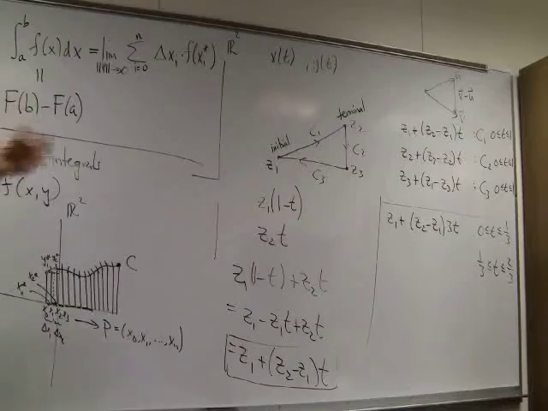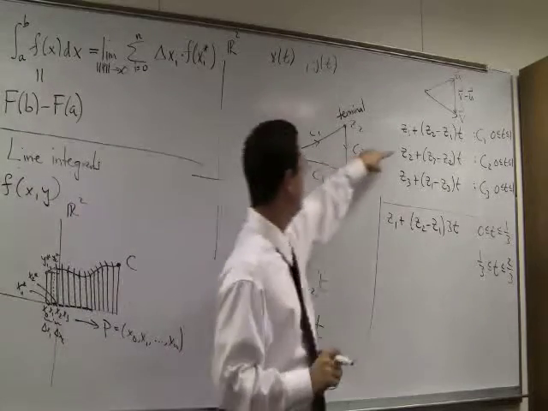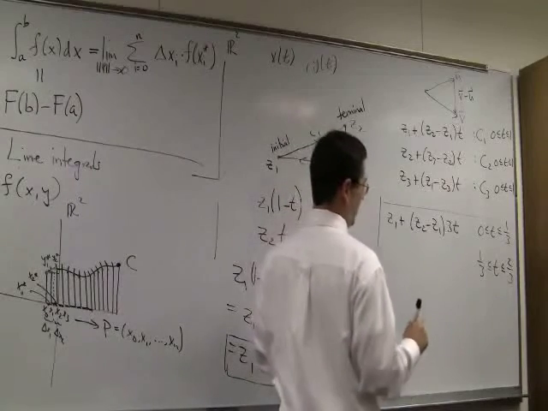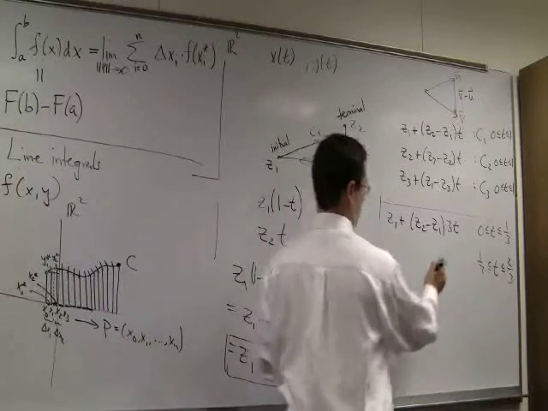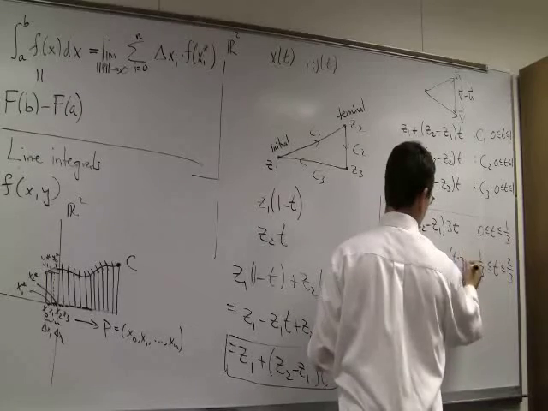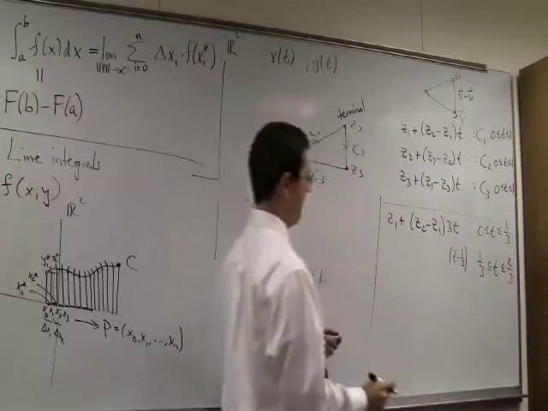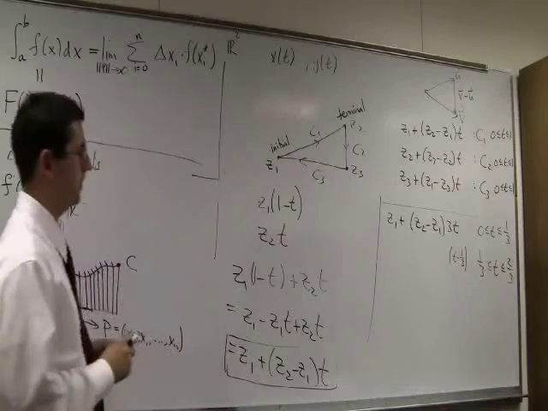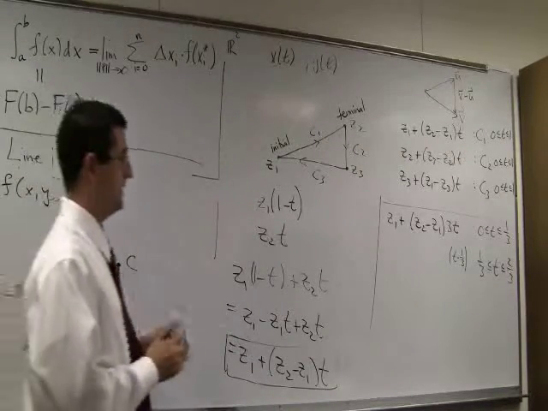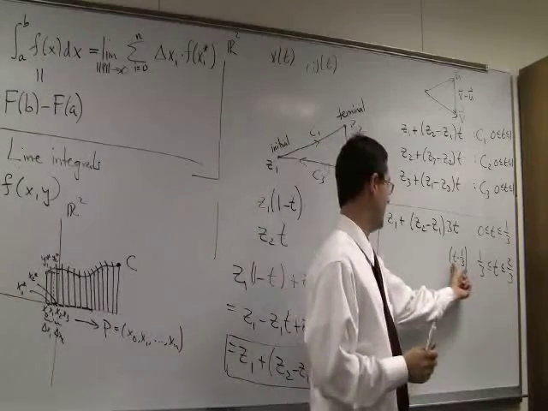We should be at z2 when t is 1/3. Somebody suggested that we could subtract 1/3 from t.